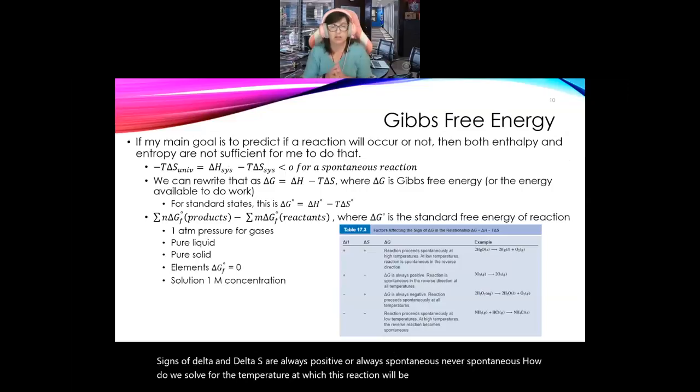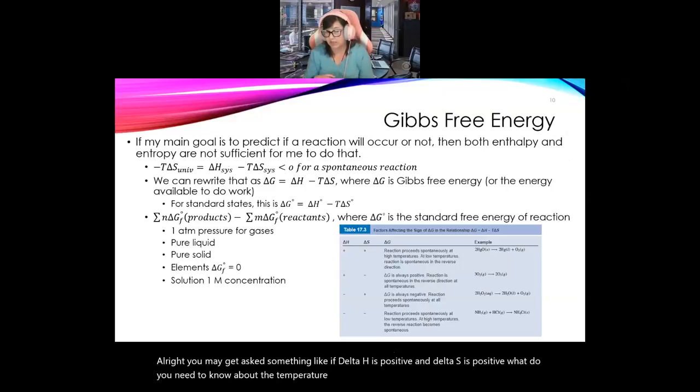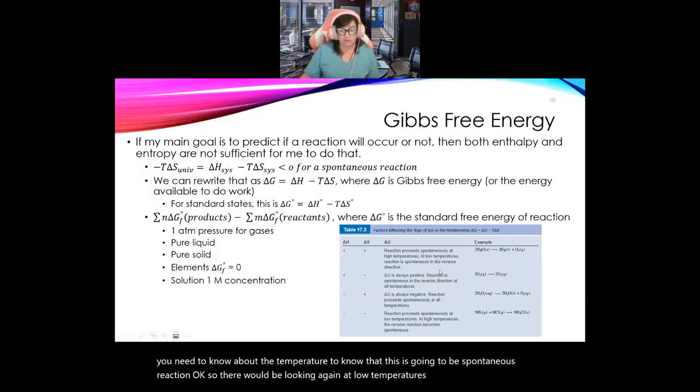Those are things you're going to need to be able to do, so you need to look at the relationship there. You may get asked something like, if delta H is positive and delta S is positive, what do you need to know about the temperature to know that this is going to be a spontaneous reaction? Okay, so there we'd be looking at high temperatures for that. So that's what you need to be able to do with that information.